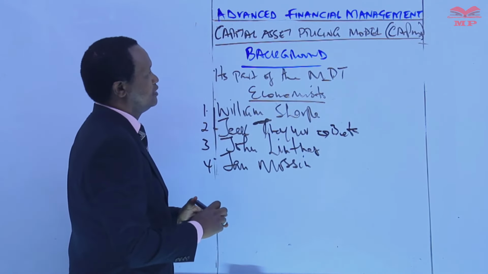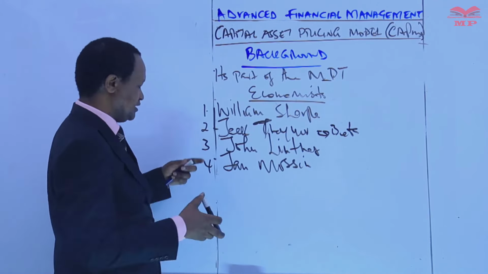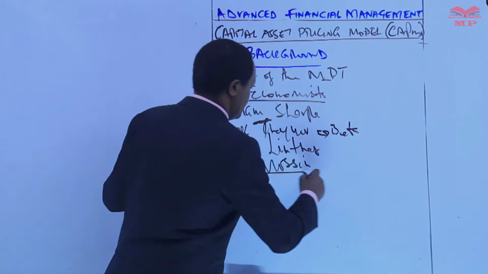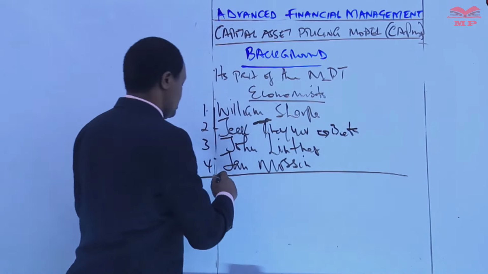We have John Lintner and Jan Mossin. Now, it's important to note that these economists were working independently. They were not in collaboration at all. They worked independently, but they arrived at similar conclusions.